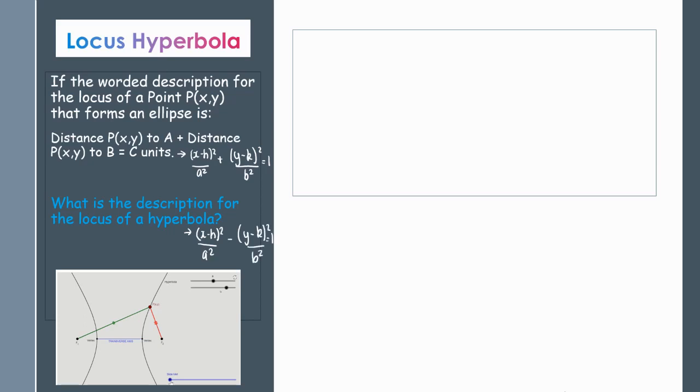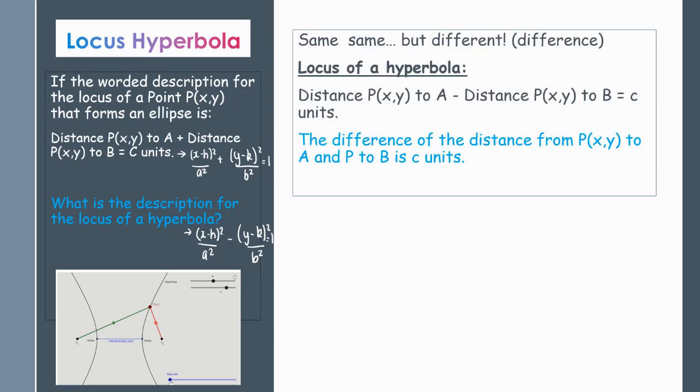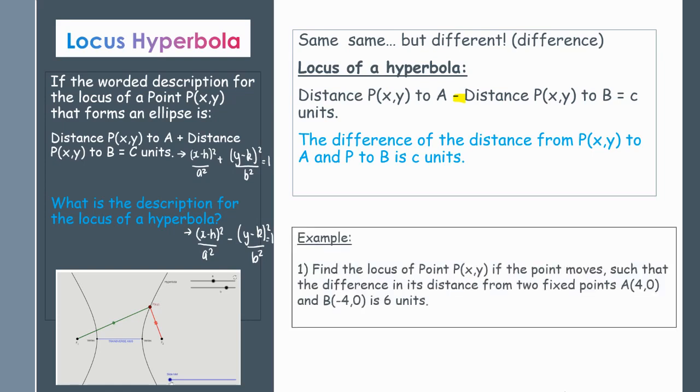That is the only thing that differs between these two equations, the plus and the minus. So the locus wording is pretty much the same with a little bit of difference. It's actually the distance of P to a point A minus the distance of P to a point B equals c units. So the only difference here is we have a negative in between rather than a positive.